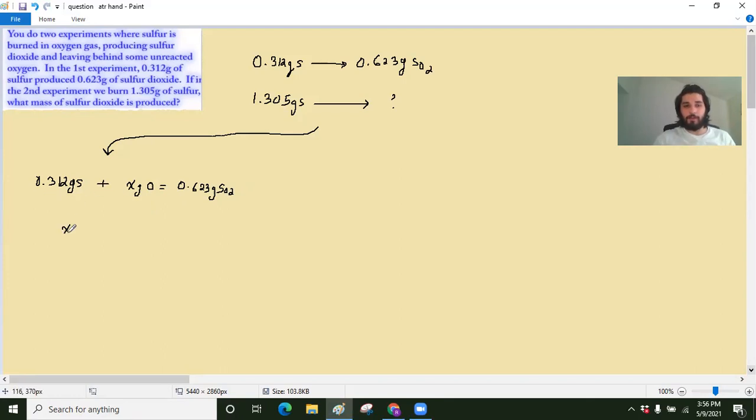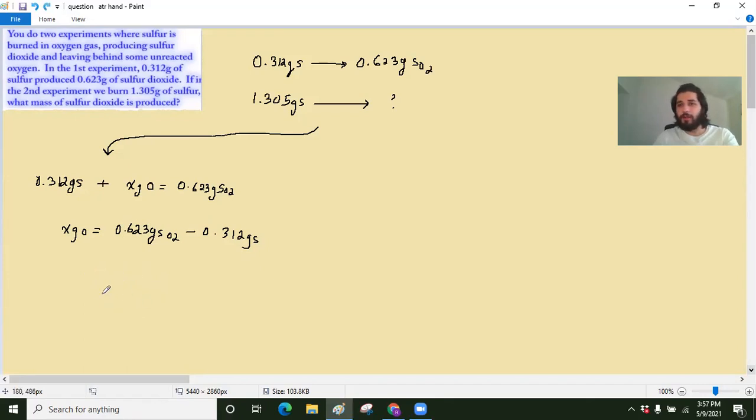So you could say that X grams of oxygen equals 0.623 grams of SO2 minus 0.312 grams of sulfur. And this makes sense because if 4 plus x is equal to 7, then x will equal 7 minus 4, which is 3. So that's the approach that we have here.